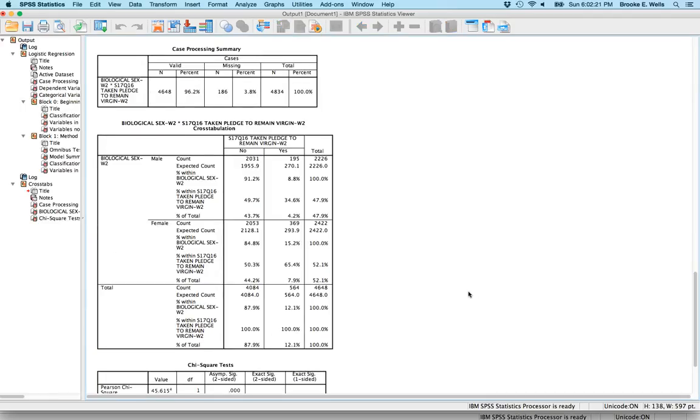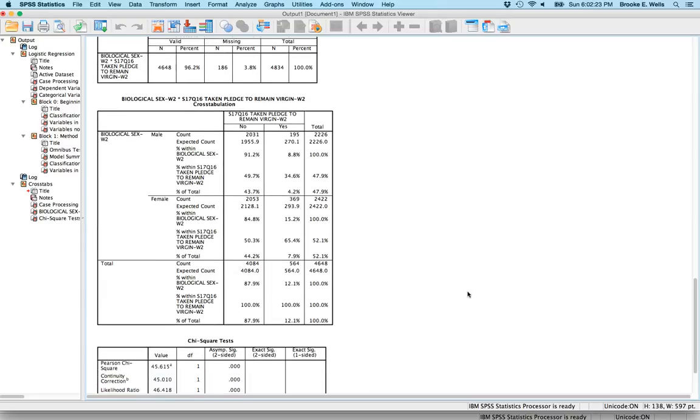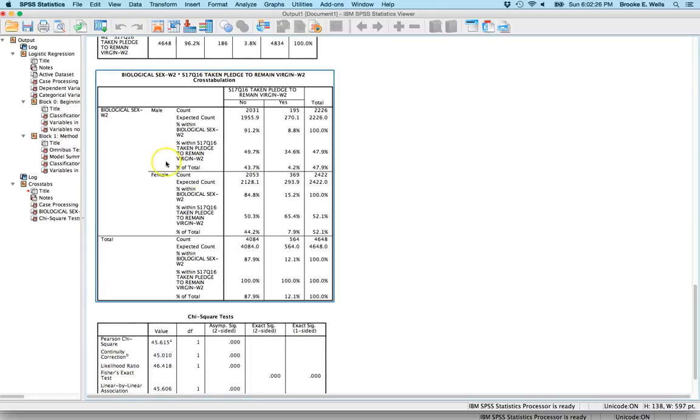All right, so what we see here now is this contingency table. This is the same thing that we looked at before in the table that I presented in the PowerPoint. Of males, 195 took a virginity pledge. For females, 369 took a virginity pledge. For males, 2,031 did not, and 2,053 of females did not.